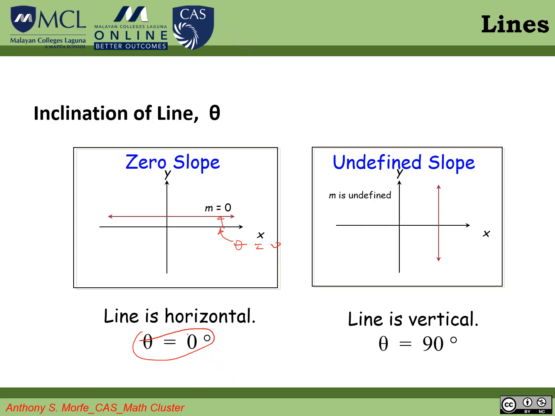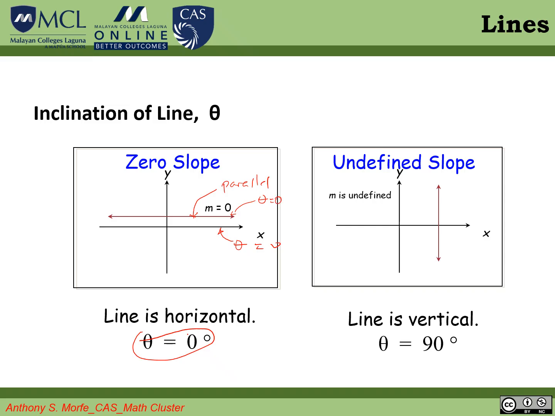So here x is equal to 0, and since this line is parallel to this line, whatever is the angle at this axis, it's the same here. This is also theta equal to 0. Okay?